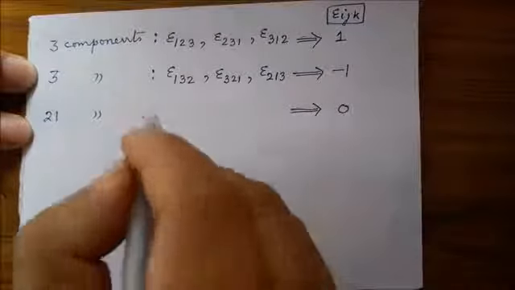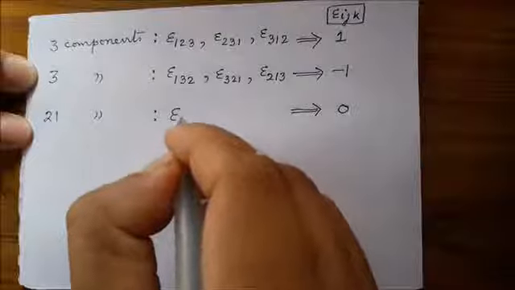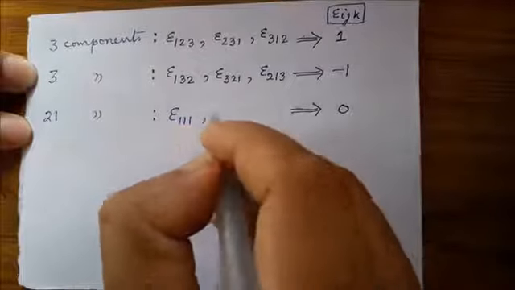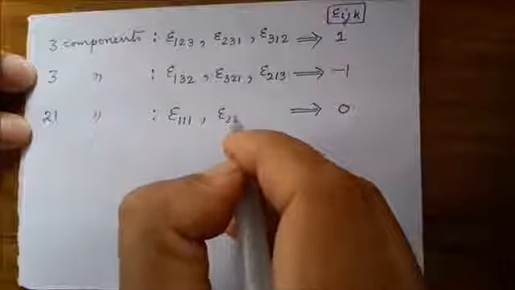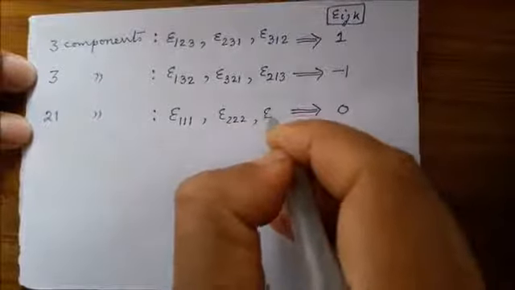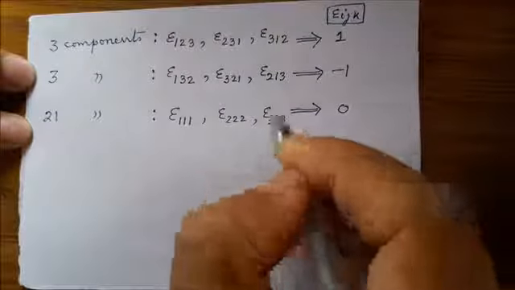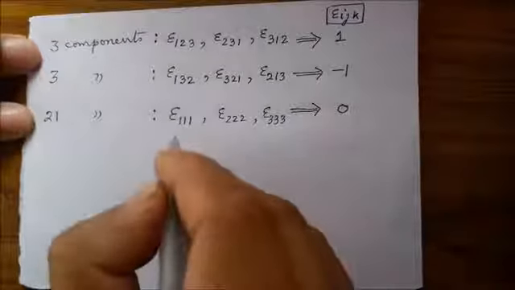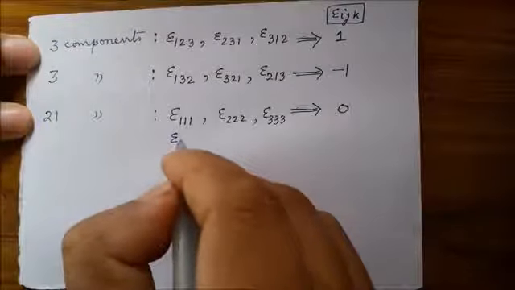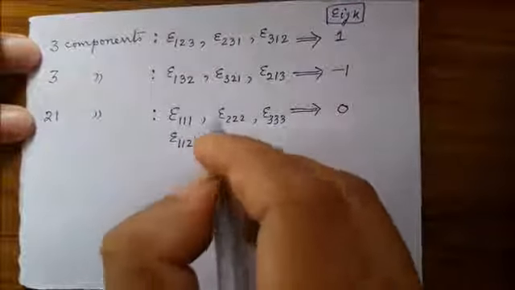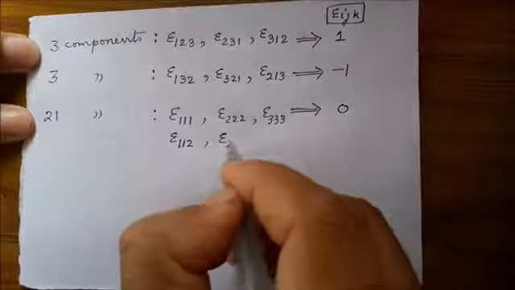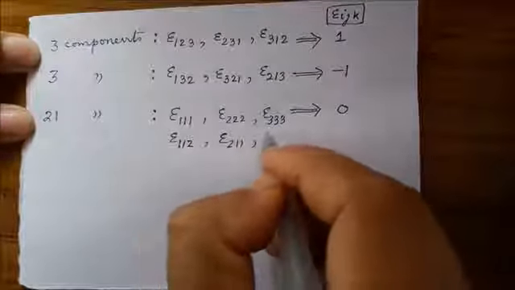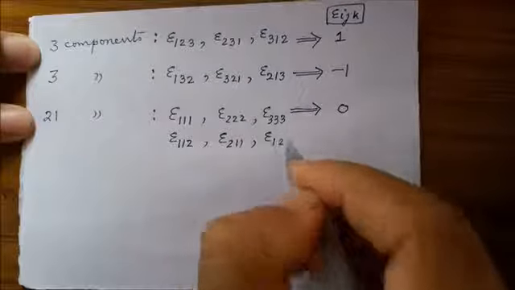Let us mention them. Say all are same. So this is one possibility, and then we can think of the other possibilities. Say 1, 1, 2, 2, 1, 1, 1, 2, 1.